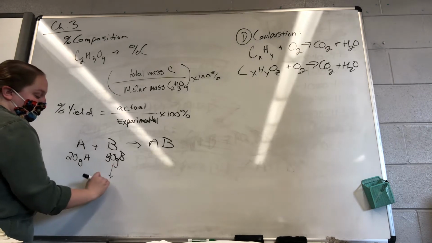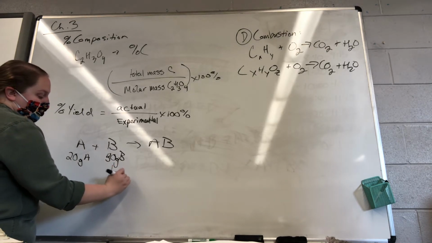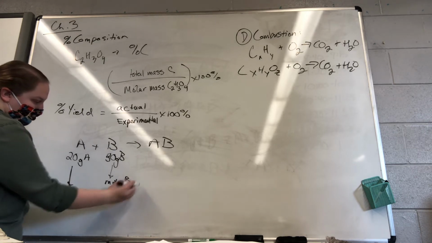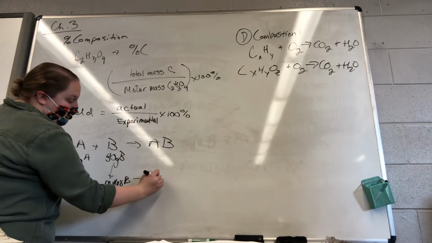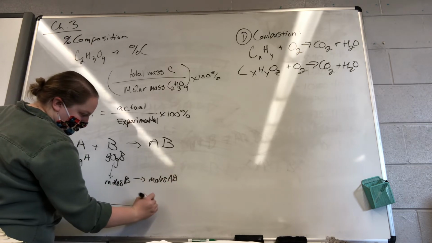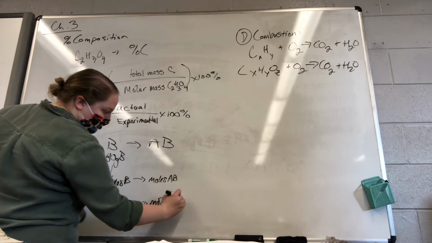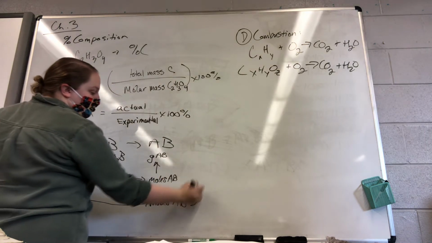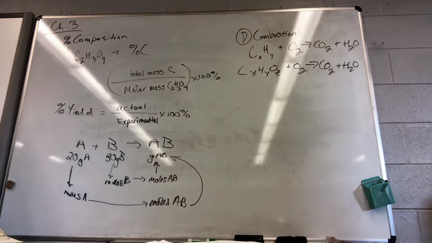So we go from grams to moles of each, from moles to moles, then to grams. A 3-step process times 2.